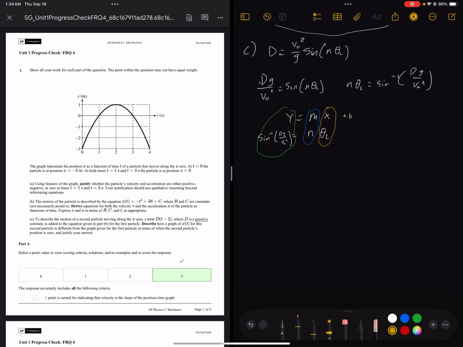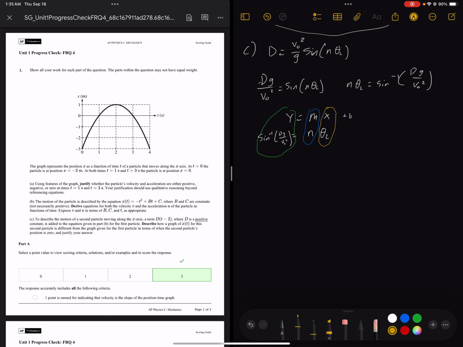Your justification, okay. So here I have a quadratic, a downward-facing parabola. And we know that the slope of the tangent line is the derivative. The derivative of position is velocity. The slope of a position-time graph is equal to velocity. We all know that.